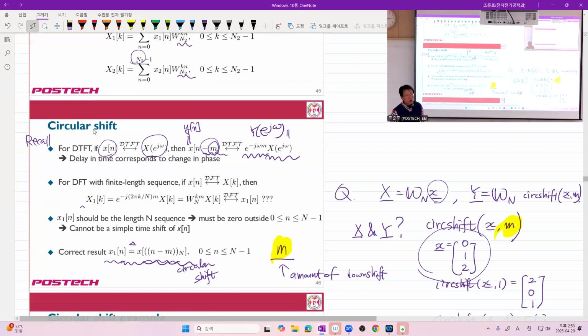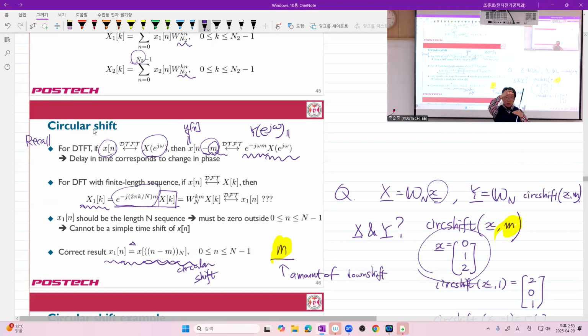Anyway, and our result is here. So this is downshifted by M. So the DFT of the vector downshifted by M, and amazingly, we have the same result. So here goes the original DFT, and here goes the linear phase shift part. So what we learned in continuous time Fourier transform and discrete time Fourier transform appears almost the same, except that we now have to use circular shift in order not to lose any information in the original vector.